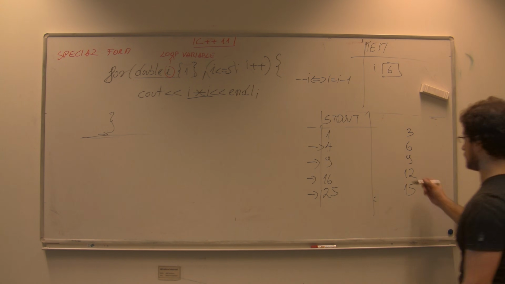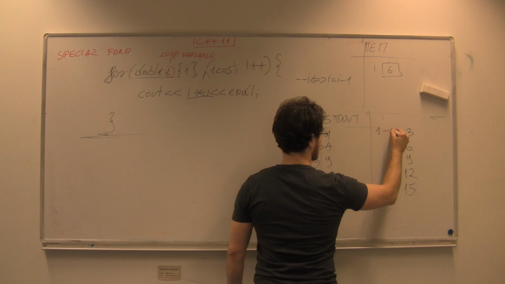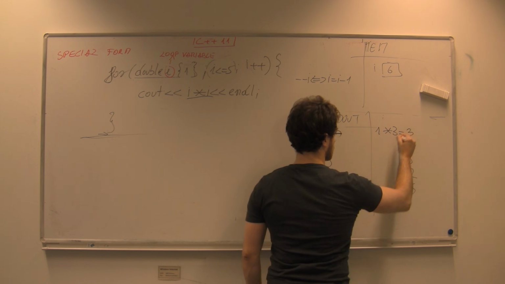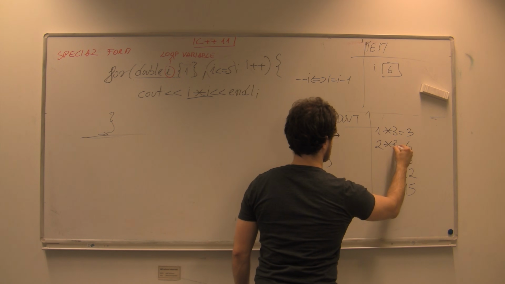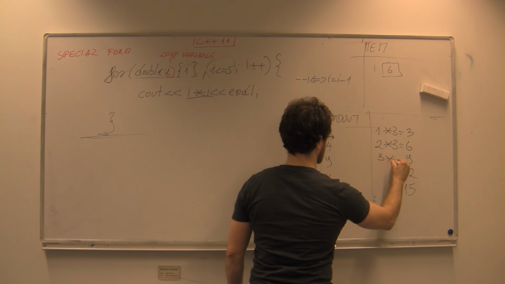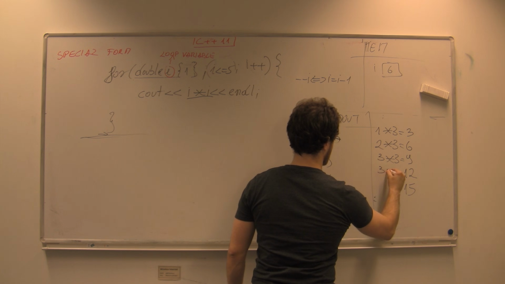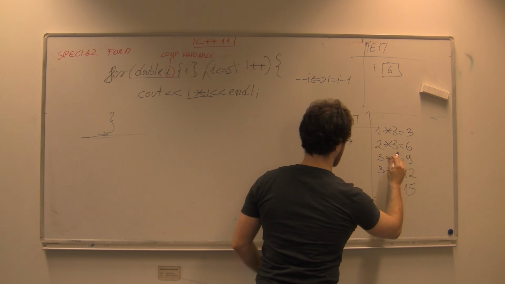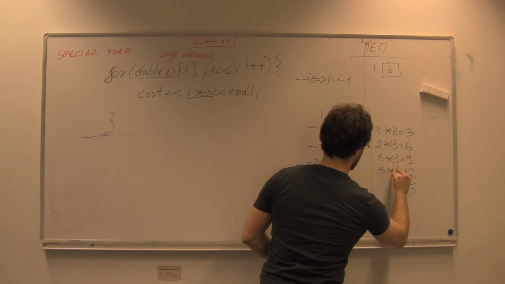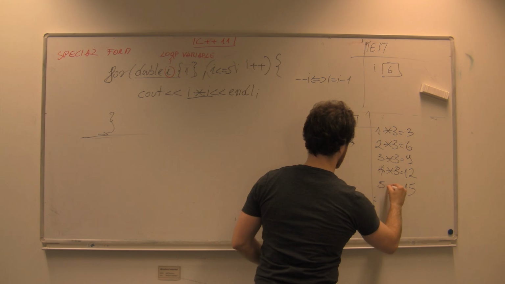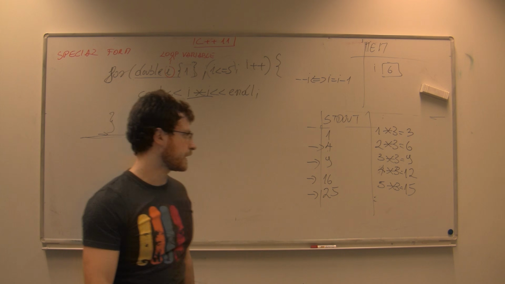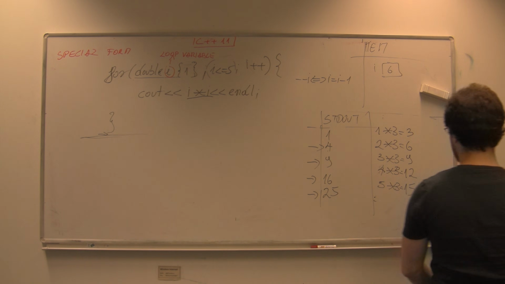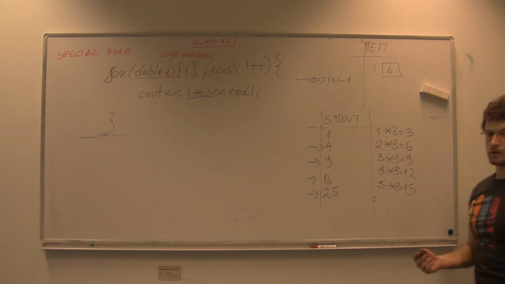And the way they are generated is by the following way. So 3 times 3 is 9, 4 times 3 is 12, and 5 times 3 is 15. So this is the way we would generate the first 5 multiples of the number 3.